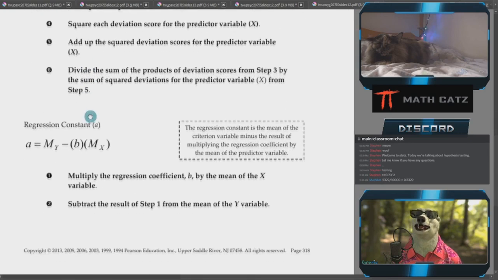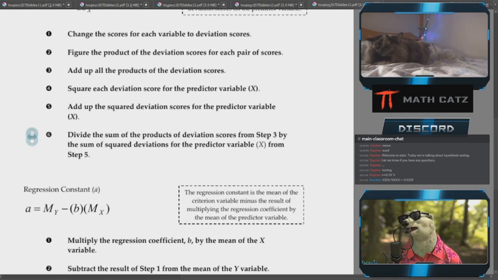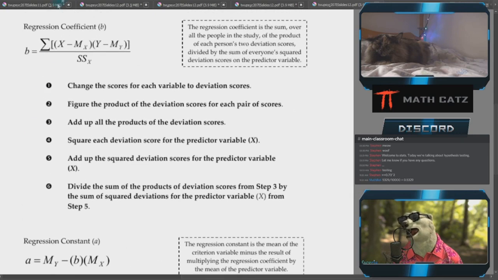And then the a, the intercept, the constant term, regression constant, they call it, is then calculated in a much simpler calculation. The mean of the y scores minus the b that I just got, times the mean of the x scores. So the only tricky one here is the regression coefficient.